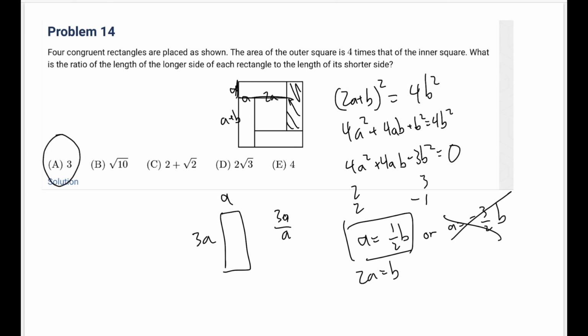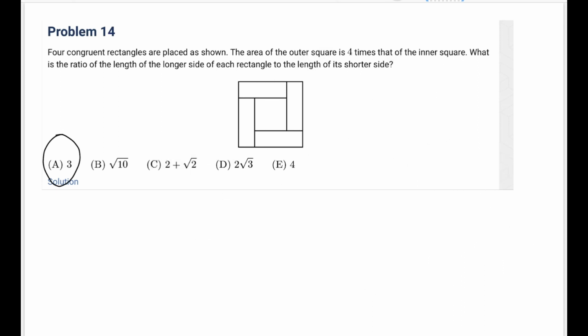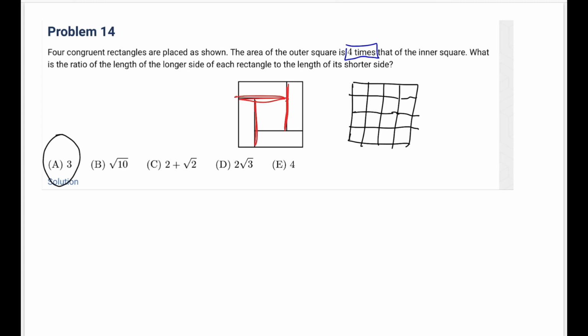The answer is 3. But then there's a different way, and it all starts from the outer square being 4 times that of the inner square. If that immediately reminds you of this kind of grid-like square, then you are absolutely correct, because these lines, I'll put them in red, are actually the same thing as these lines, right?